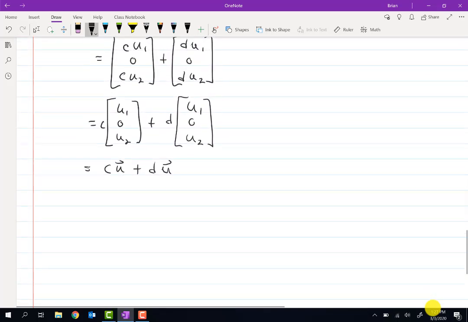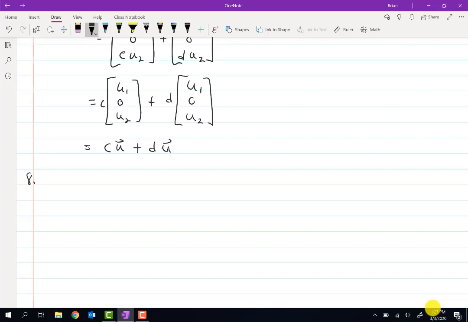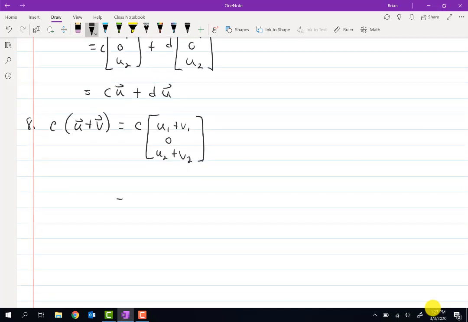We had a second distributive property that went like this. This time it was a scalar times the sum of two vectors. So this time it'll look like C times the vector U1 plus V1, 0, U2 plus V2. When I multiply it through, I get C times U1 plus V1, C times 0, C times U2 plus V2.